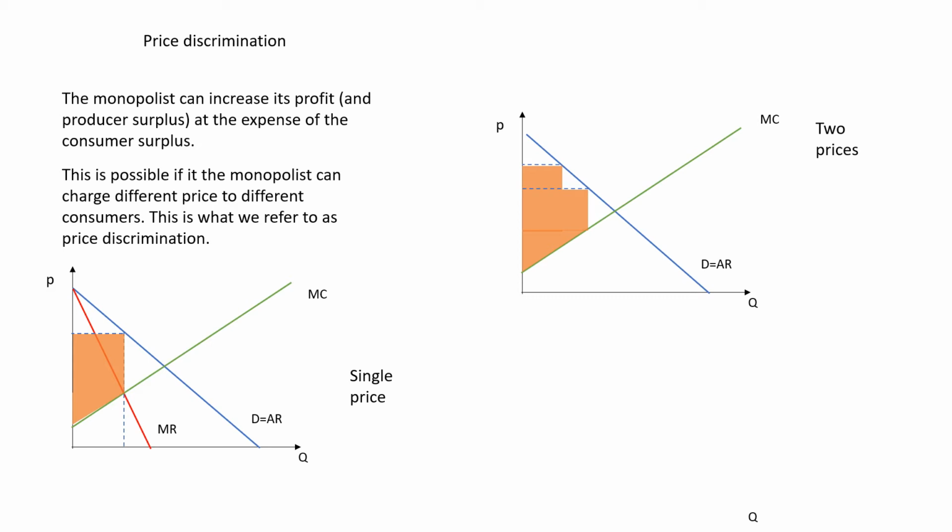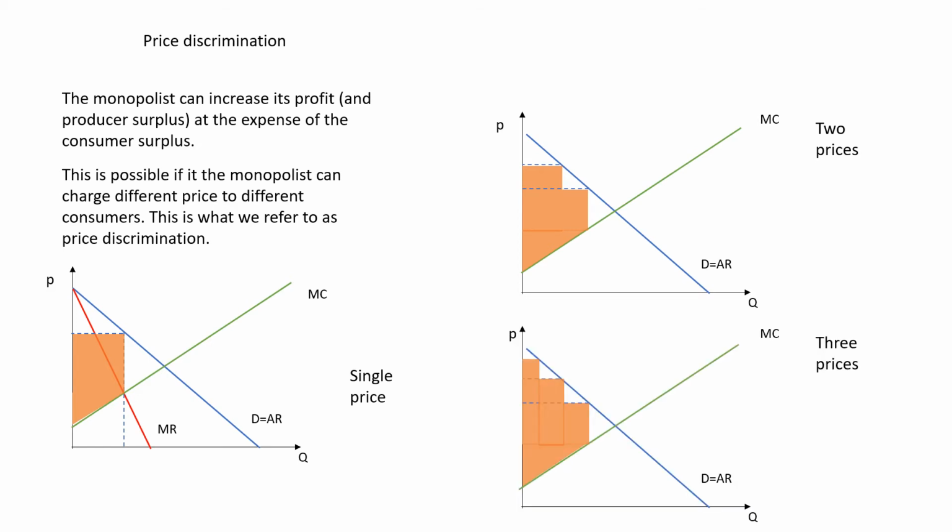As you can see, this will mean that some of the consumer surplus can now be transformed into a producer surplus. If it is possible to make three different groups of the consumers and all three can be set a different price, then even more of the consumer surplus will become producer surplus.